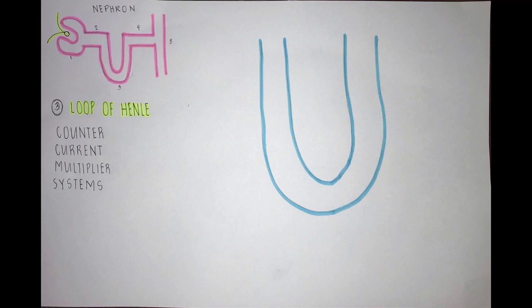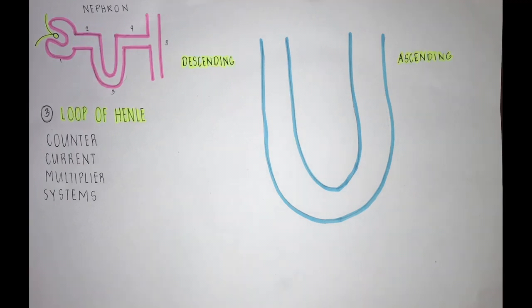Firstly, the counter-current part means that fluid within the sections is going in opposite directions, and the multiplier system part means that it's creating a very steep solute gradient in the medulla. Now let's take a look at this illustration.